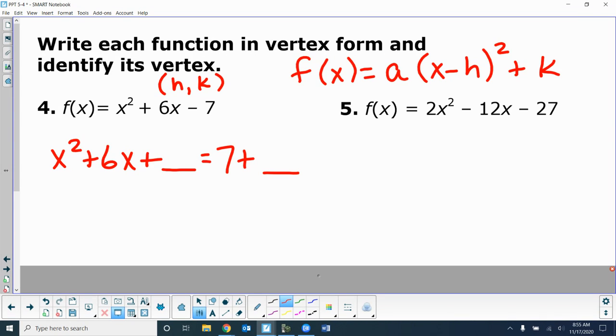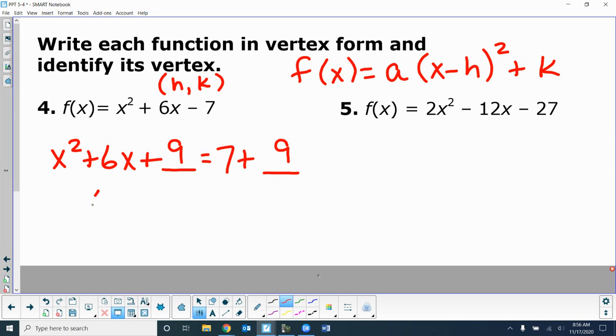Okay, so what goes in the blank? Great. What's b? Right, divided by 2. Squared. Good. Questions?